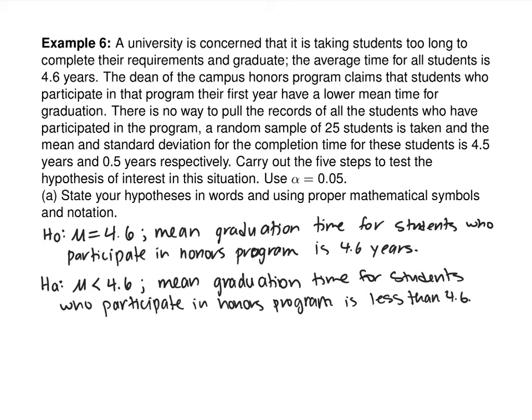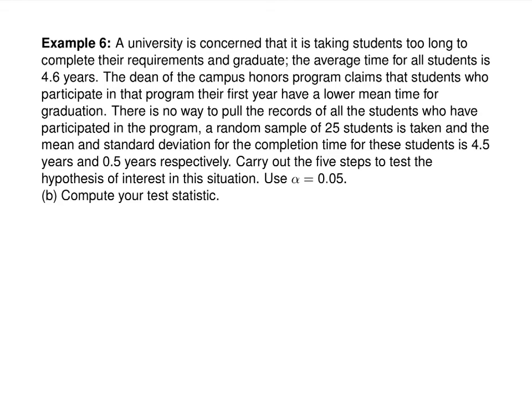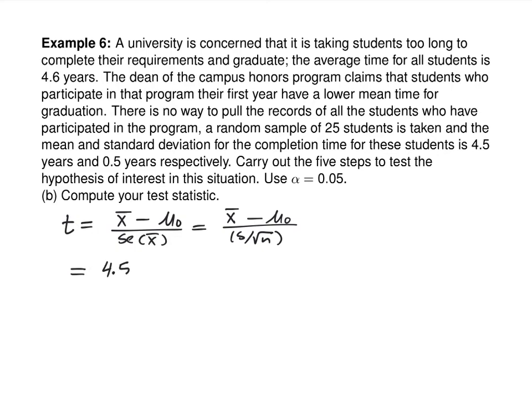Okay, next, let's compute that test statistic. So since we have means, the test statistic is a t-statistic. The formula we're using is x bar minus mu naught over the standard error of x bar, which is the same thing as x bar minus mu naught over s over root n. Okay, so for our sample, x bar was 4.5.